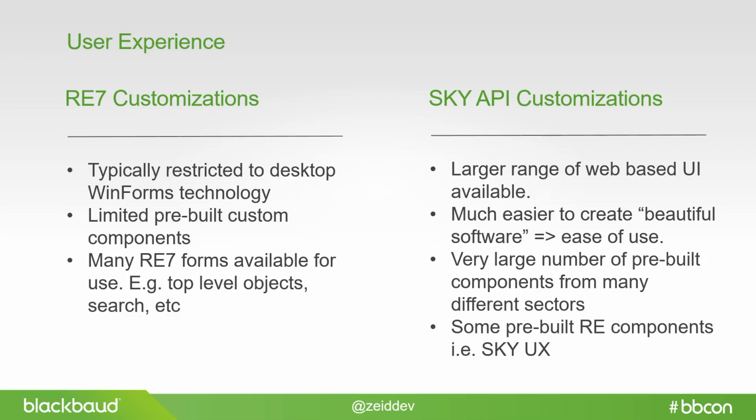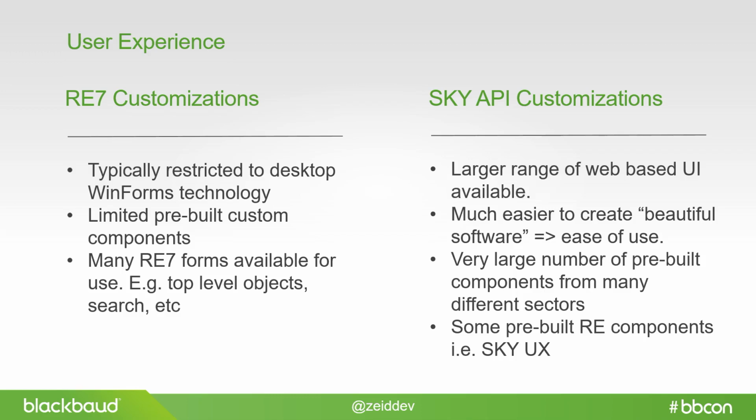Equally, there are very many larger pre-built components for many different sectors, not just non-profits but for-profits, where developers have put together different types of components, different grids, different types of buttons, drop-downs, all sorts of things to make your web application look better, prettier, and easier to use.